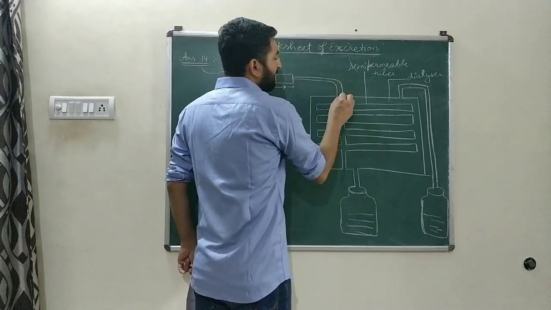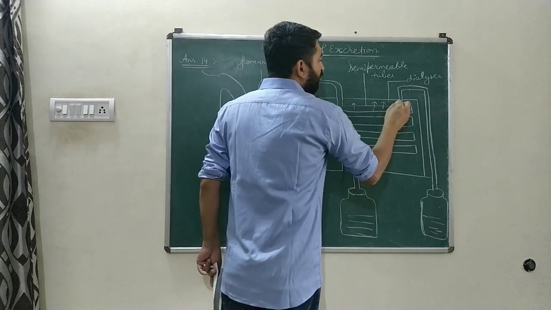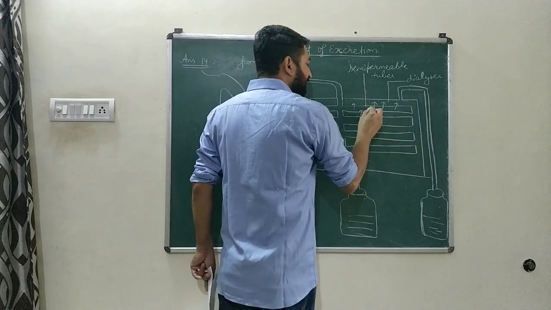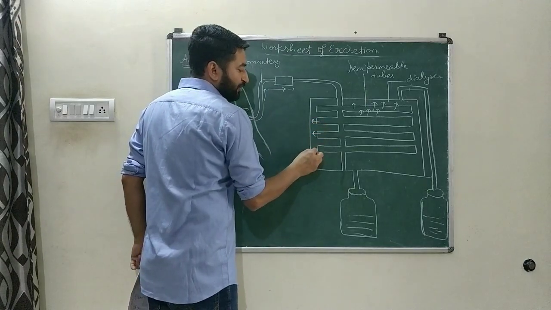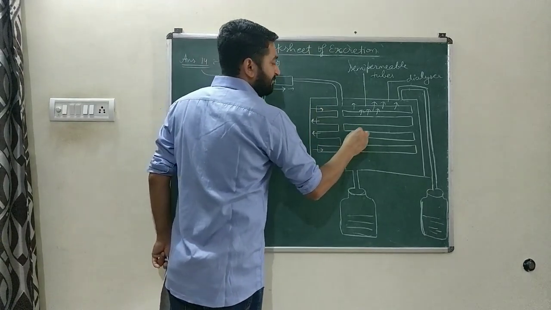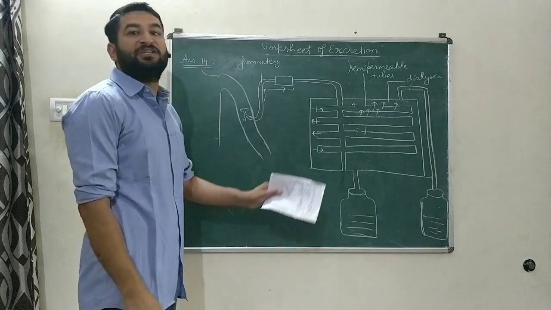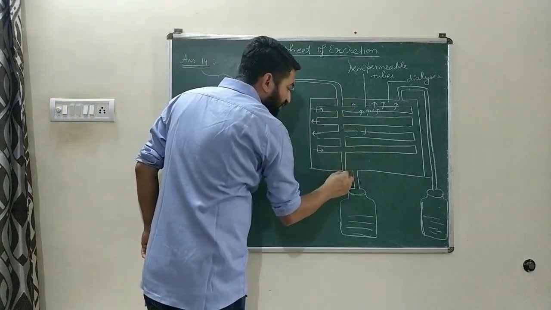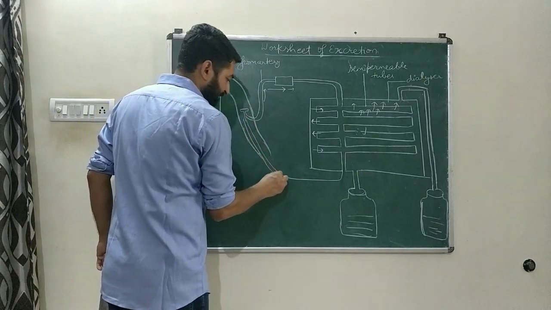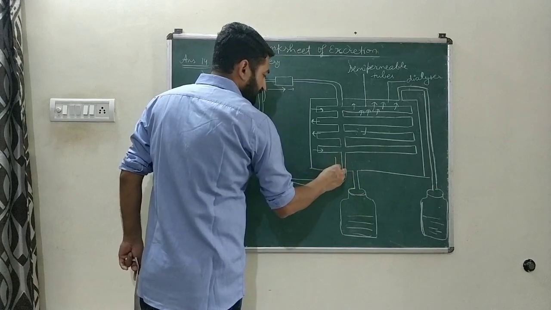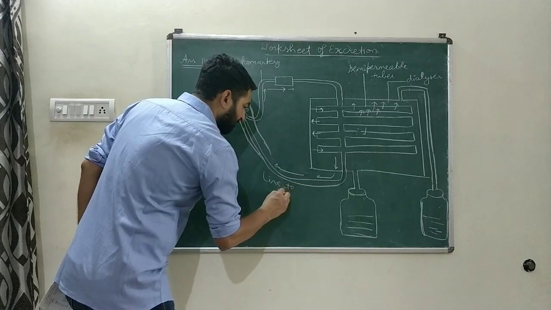So when the blood passes through these tubes, waste material goes out and useful material comes in. The waste product will come out and the useful material will go inside these pipes. And that's how the blood is purified. Then the purified blood is pumped into a vein.